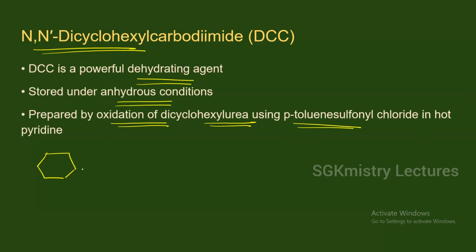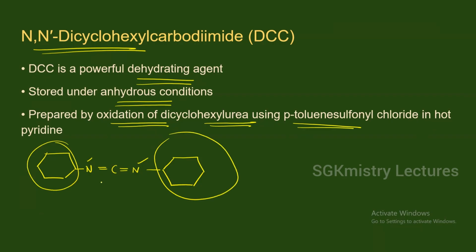So first of all, we know that this is N,N'-dicyclohexylcarbodiimide. So we have dicyclohexyl carbodiimide. These are imide groups. Or you can also write it as C6H11N=C=NC6H11. Let's see how the oxidation is done.